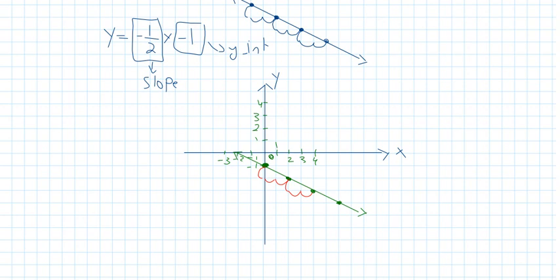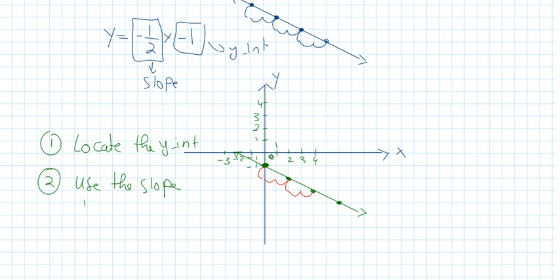Okay? So the first thing you have to do is locate your y-intercept. And then the second step is use the slope to find the next points.